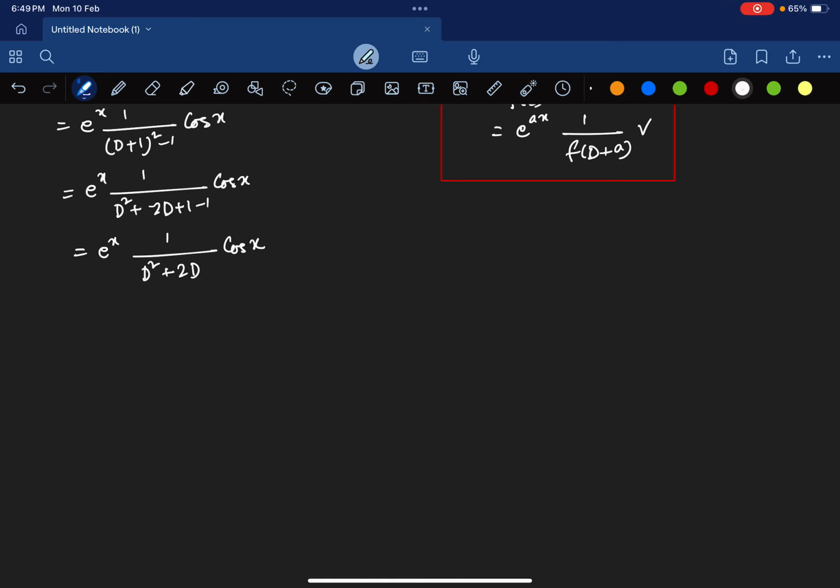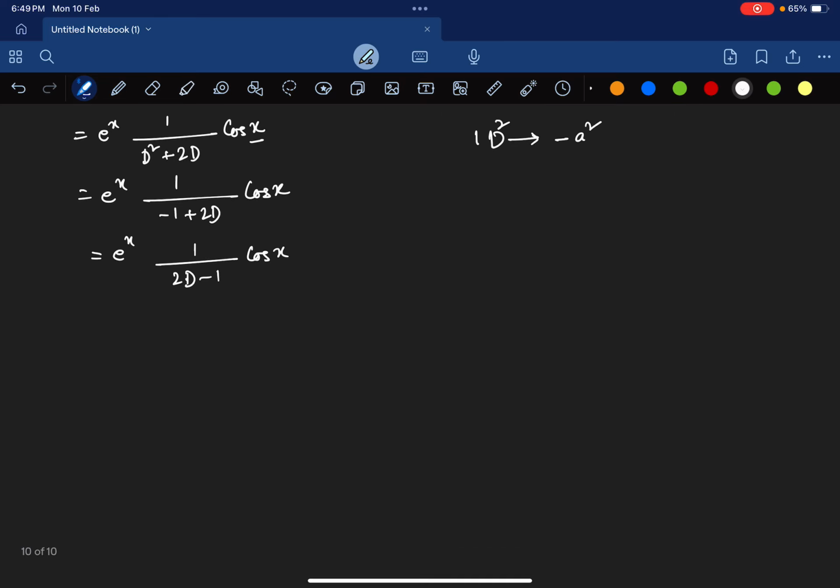So in place of D square, now you are going to apply which formula? In place of D square, you are going to put minus a square, and a is what here? 1. So in place of D square, you put minus 1 plus 2D cos x. So what you have here is e power x 1 by (2D minus 1) cos x.